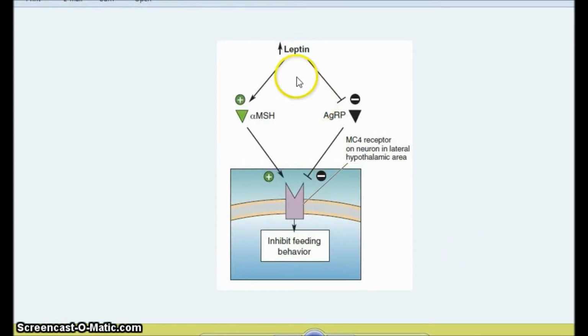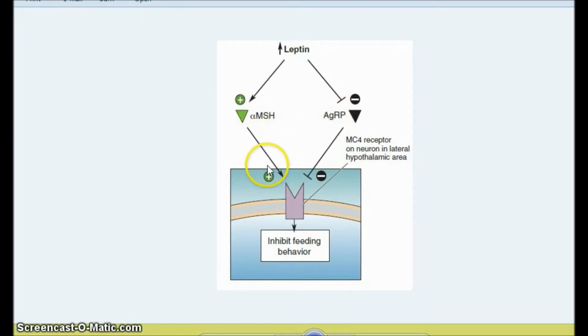So basically what happens is, when there's lots and lots of alpha MSH and it attaches to these MC4 receptors, then it's more likely to inhibit feeding behavior. However, when there's lots of AGRP, the AGRP will want to inhibit the activation of this receptor and stimulate feeding behavior. So basically, these two molecules act opposite to each other on this receptor.